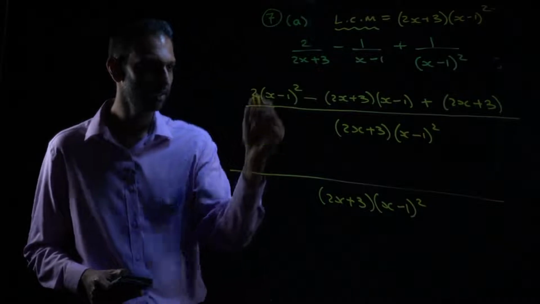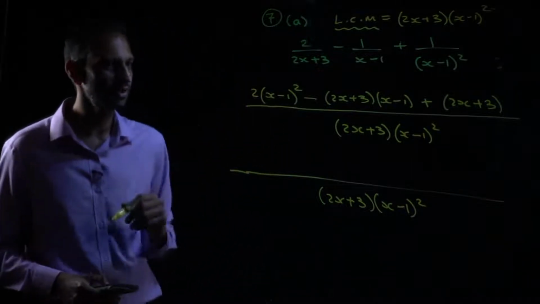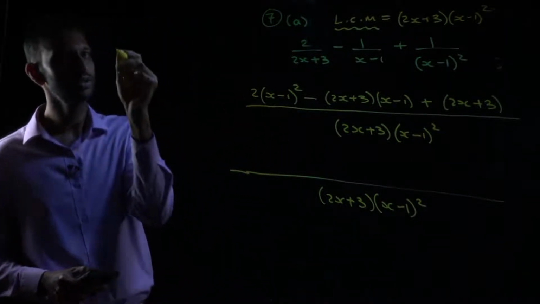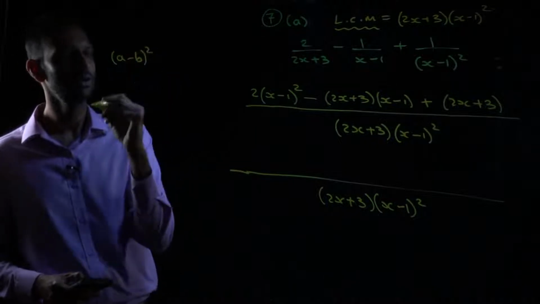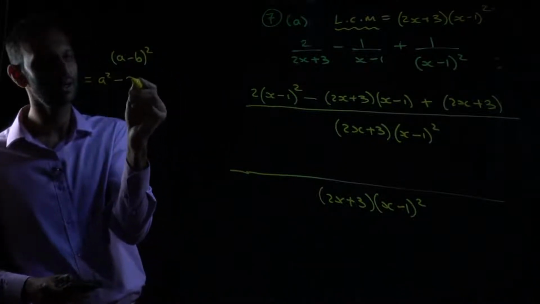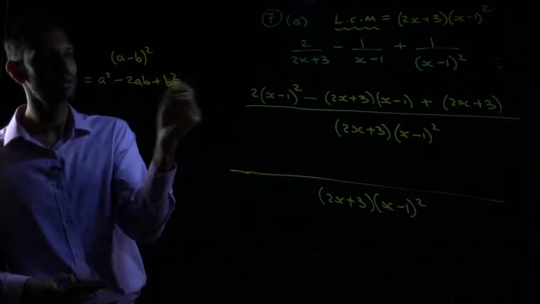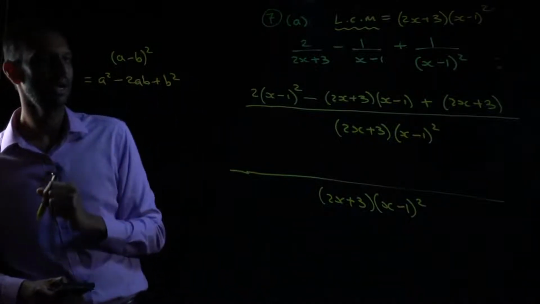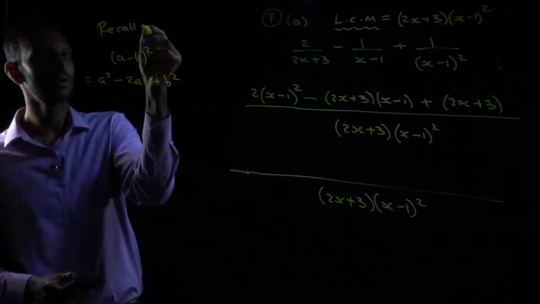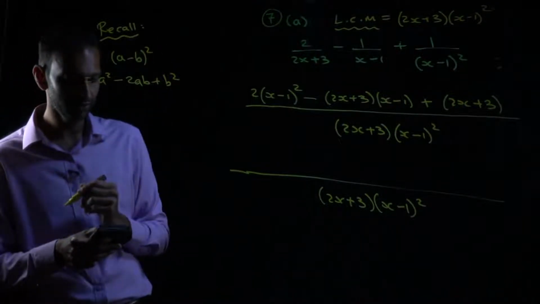Let us expand the first one, which is trivial for an advanced student. This is basically a binomial, which is a perfect square, a squared minus twice ab plus b squared. I'm just writing it here as a recall, because that should be straightforward for you to expand.